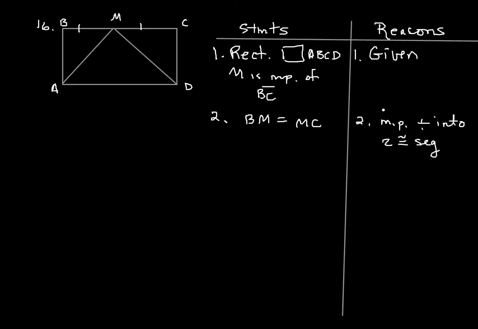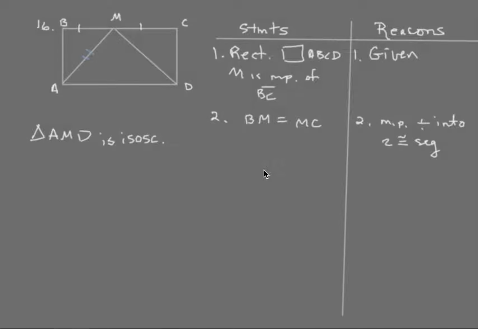All right, so we have that. We're trying to prove that AMD is isosceles. So let's mark that in, what that means with our blue. It means that this is congruent to this.